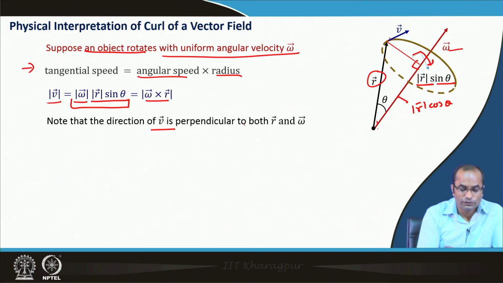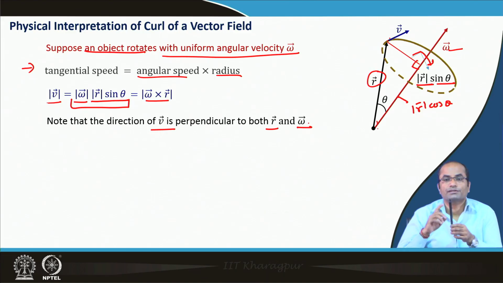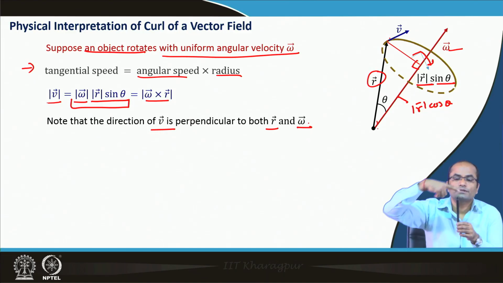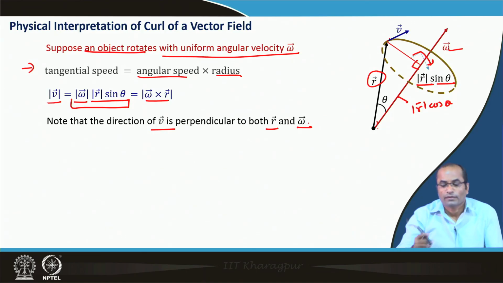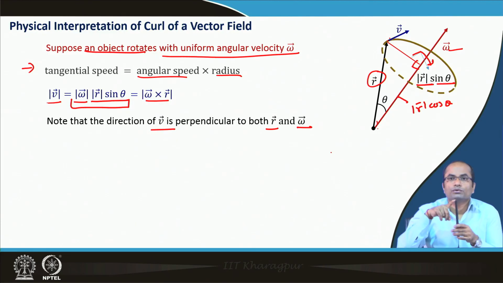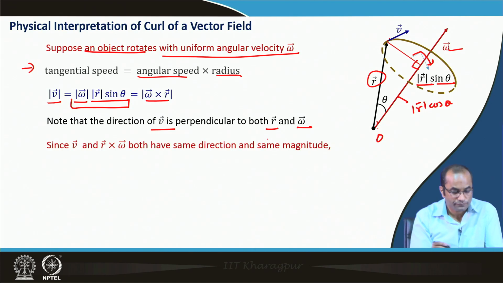So, what we observe is that this v is perpendicular to r and also perpendicular to omega. We have this axis of rotation, and then there is a rotation there. So, this vector v is also perpendicular to the axis of rotation, and it is also perpendicular to the line meeting the origin there. So, v is perpendicular to r and omega.